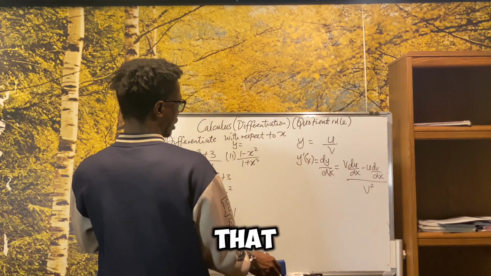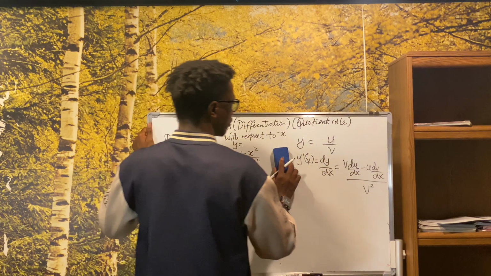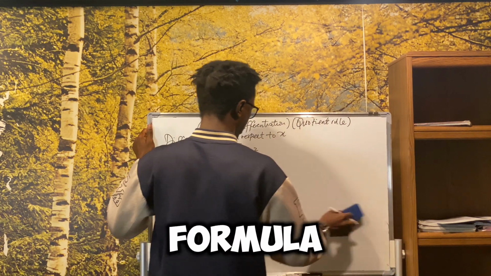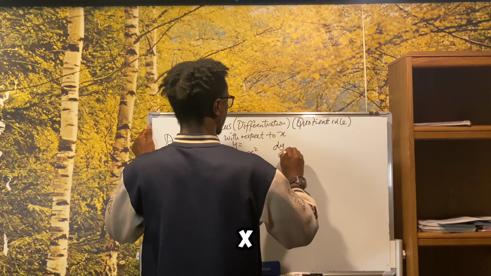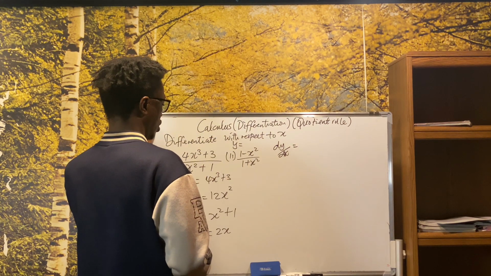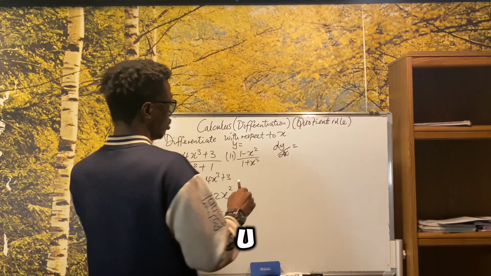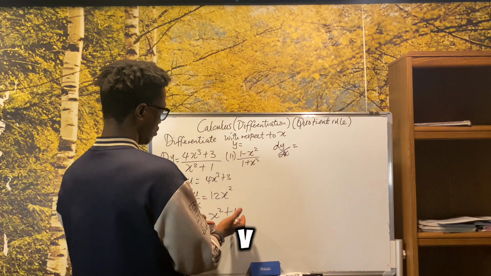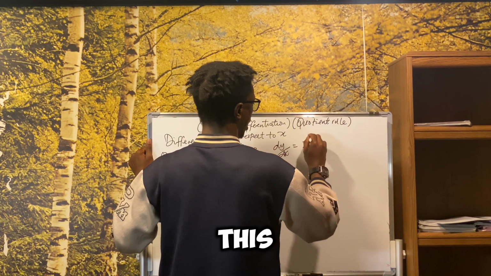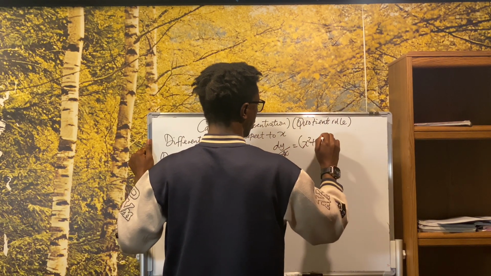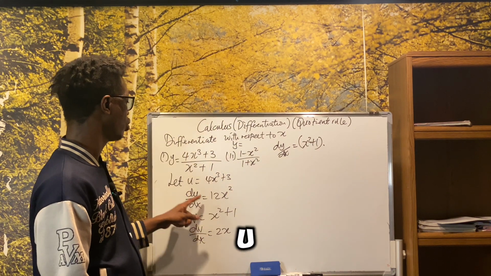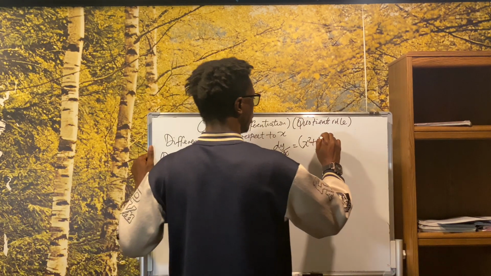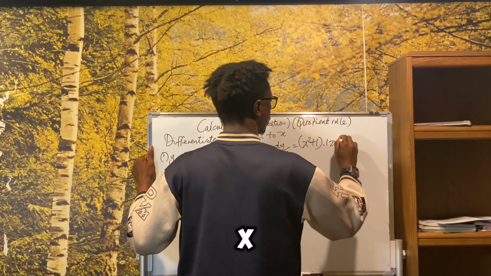So you know that, apply the formula which says my dy over dx equals v du over dx. What is my v? My v is x squared plus 1 multiplied by du over dx, and du over dx is 12x squared.